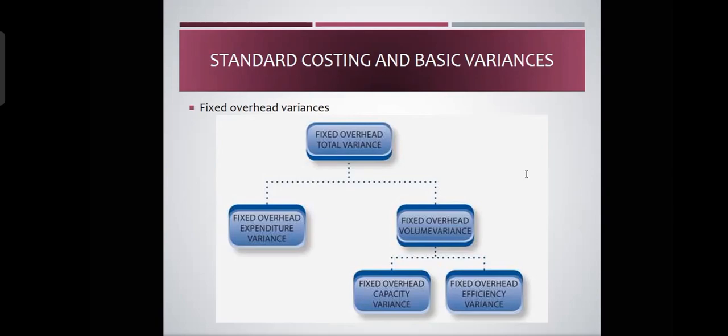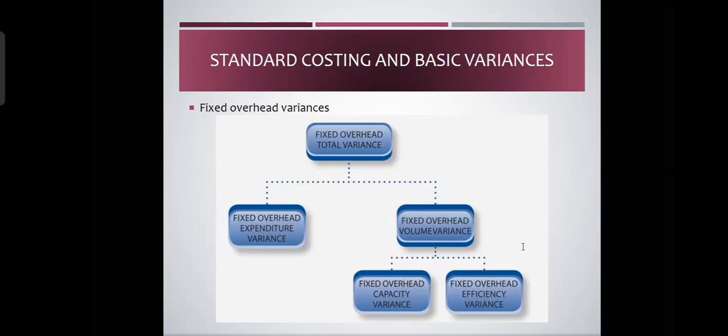So you've got fixed overhead total variance, which includes fixed overhead expenditure variance and fixed overhead volume variance. And of course, the volume variance comes out as a result of either capacity variance or efficiency variance. So volume variance consists of capacity variance and efficiency variance.